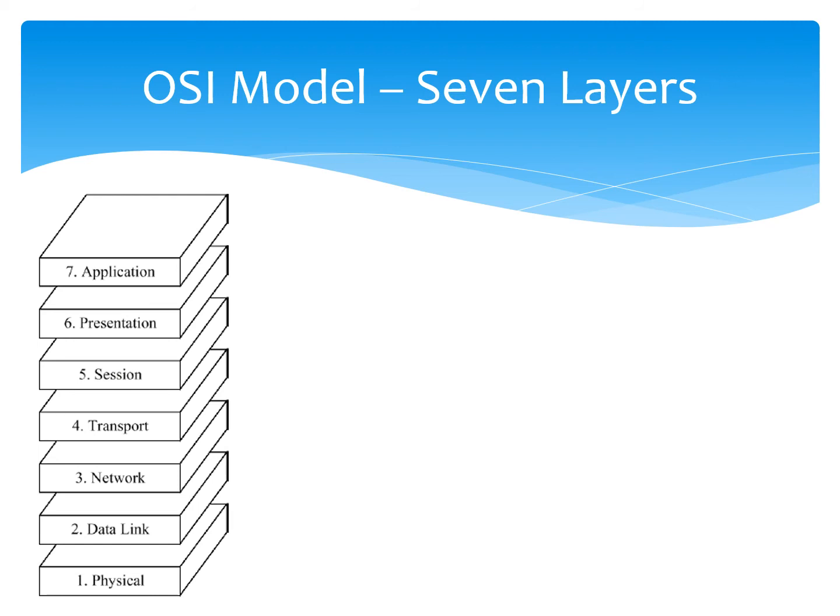In the OSI model, the communication process is divided into 7 layers from bottom to top, including physical, data link, network, transport, session, presentation, and application layers.